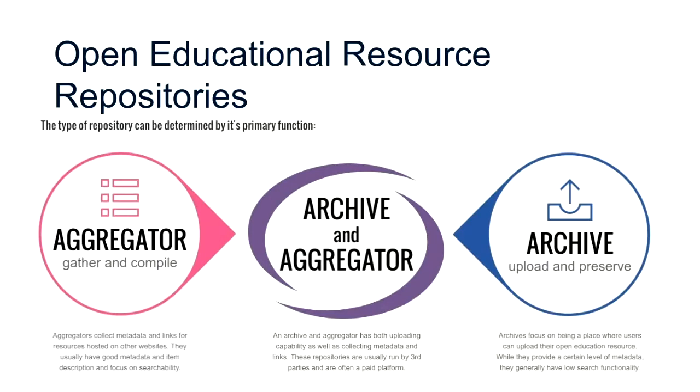Then there are the resource aggregators. These aggregators are repositories that collect the metadata from resource archives or resources that are on other websites. Basically, they're pulling resources from everywhere into one space so that you can search across a bunch of repositories. When I was mentioning the Open Textbook Library, that's an aggregator. It's one search interface searching across multiple collections.